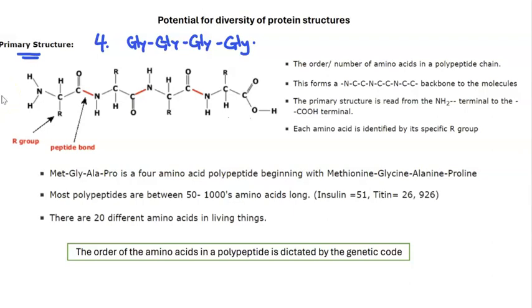Notice that there's an amino group at one end and a carboxylic acid group at the other one, known as the N-terminal and the C-terminal. Each of the amino acids is joined to each other by a peptide bond, shown in red here. And the backbone of the molecule follows the sequence nitrogen, carbon, carbon, nitrogen, carbon, carbon, nitrogen, carbon, carbon, nitrogen, carbon, carbon.